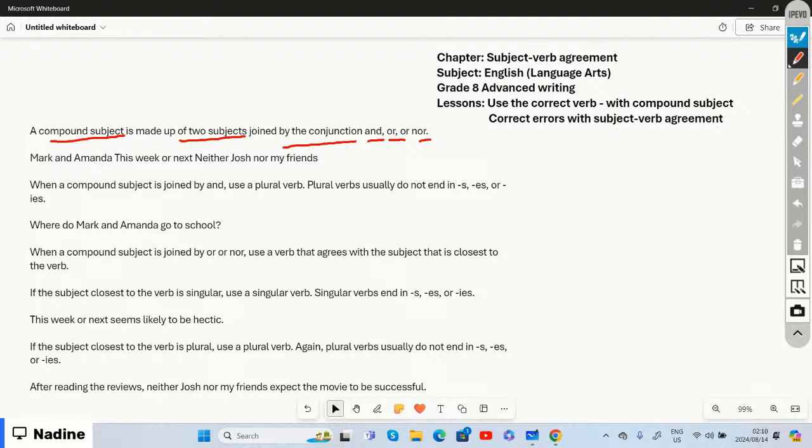And if we look at an example of a compound subject, the example is Mark and Amanda. So there we already have a compound subject. Mark and Amanda.